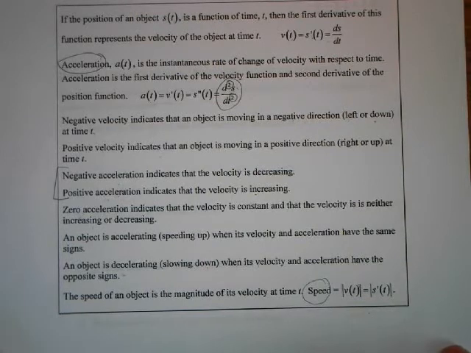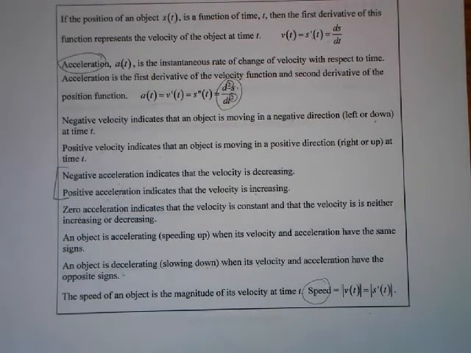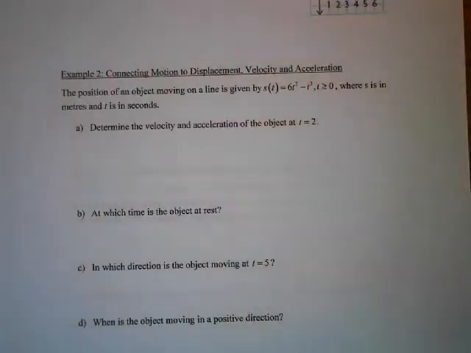So if the object is falling down to the earth at 100 meters per second, the velocity would be negative 100 meters per second, but the speed would be 100 meters per second, because speed doesn't care about direction. Okay, so we've got a few different types of examples here.